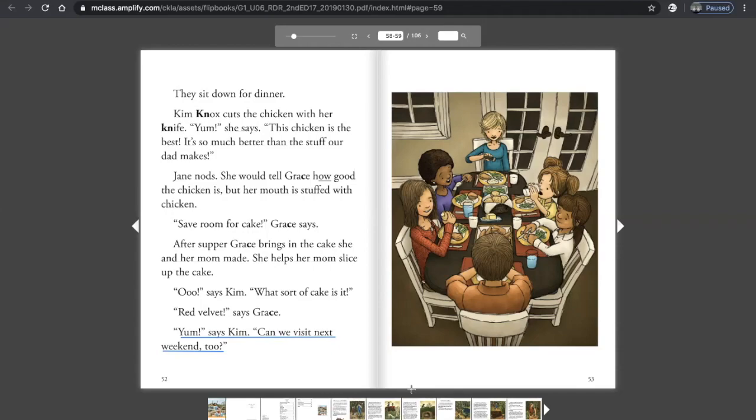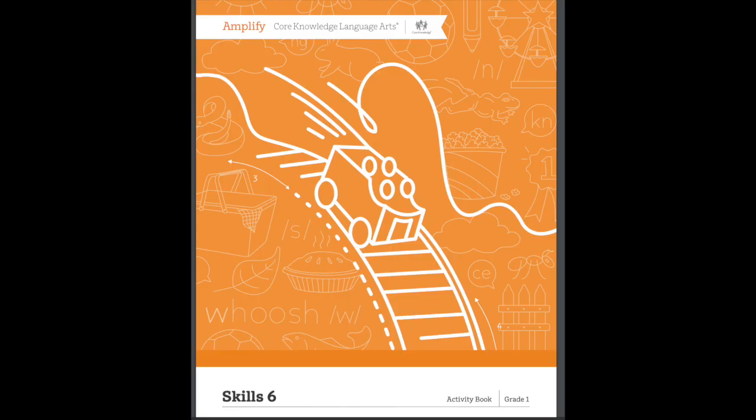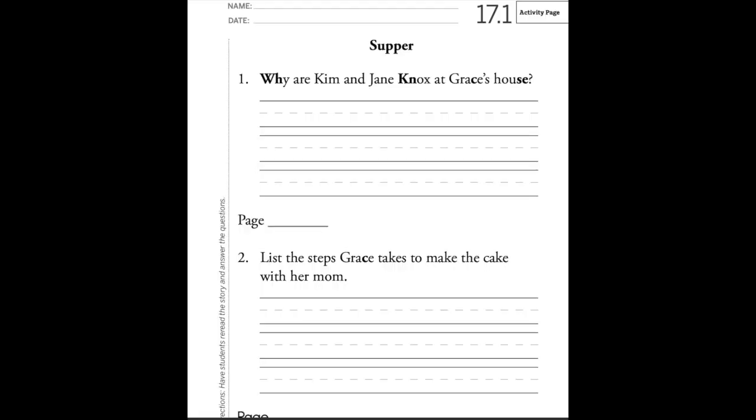Now let's move into some comprehension written responses. You will now need your Unit 6 skills book. Please open up to page 17.1.